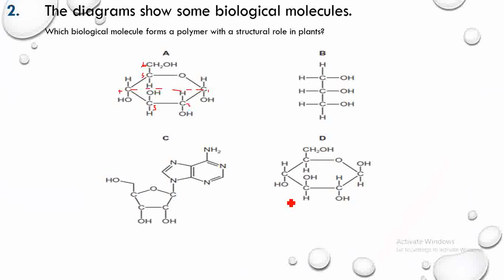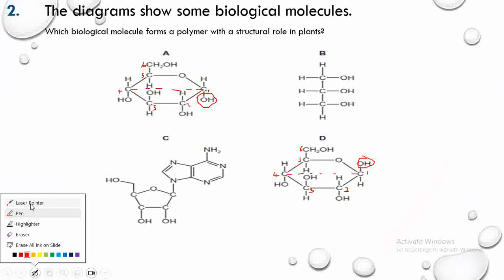And if you check here, if you draw the plane of the ring, this is also carbon 1, carbon 2, carbon 3, carbon 4, carbon 5, and 6. We're interested in this OH group attached to the first carbon atom.